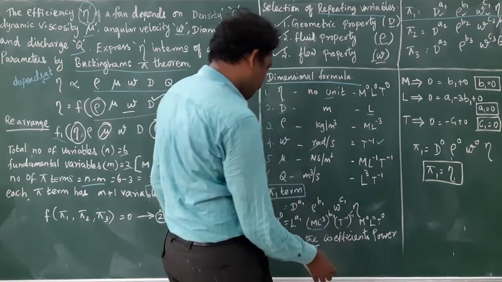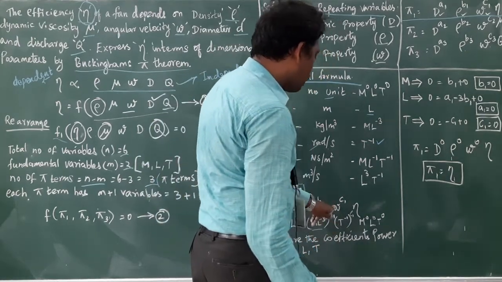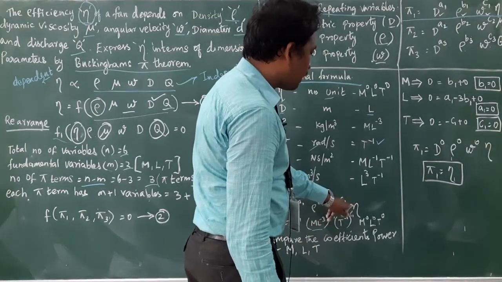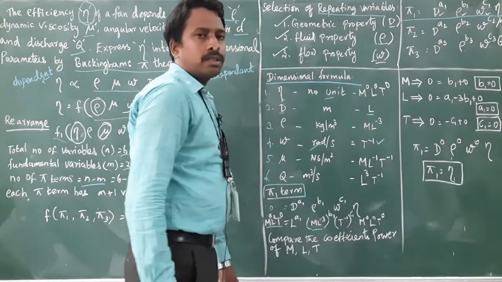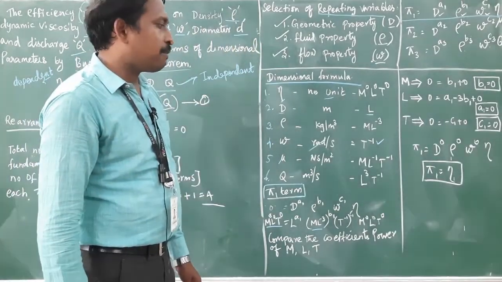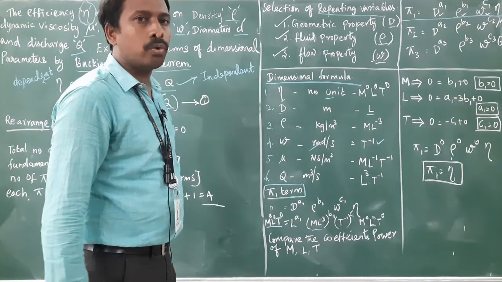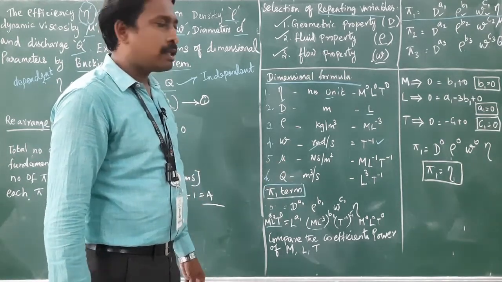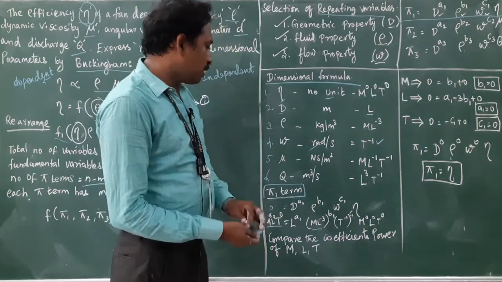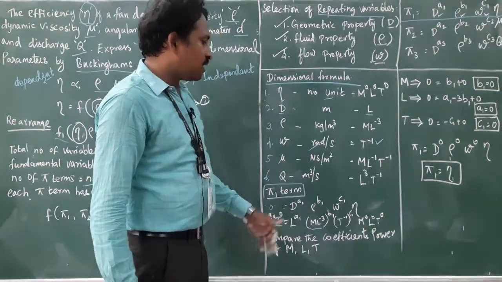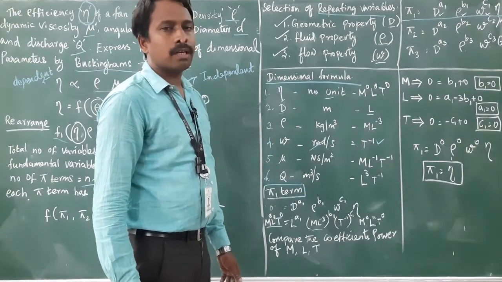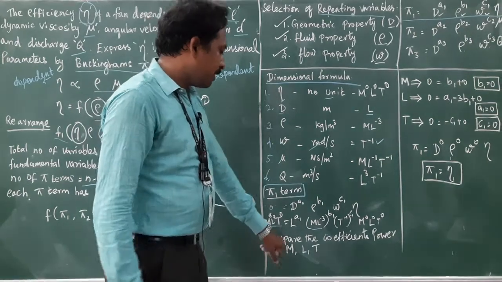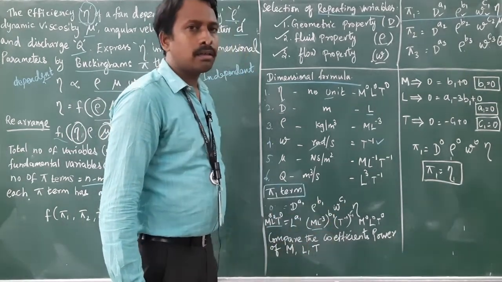For omega it is T power minus 1. Efficiency has no unit, so its dimensional formula is M power 0, L power 0 and T power 0. Next step is to compare the coefficients of the powers of M, L and T.